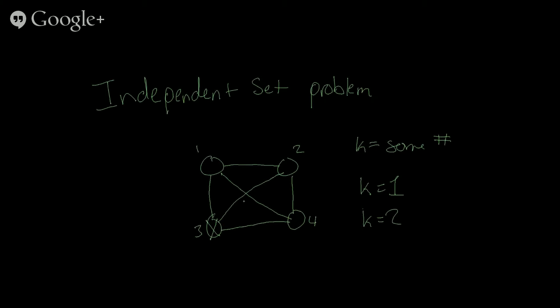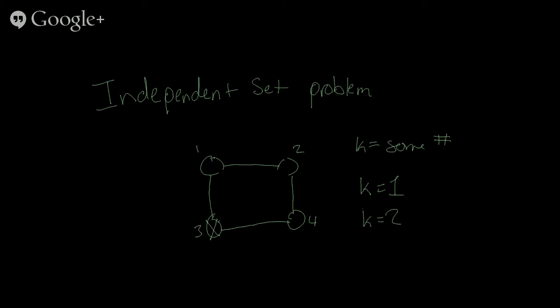However, if we had this same graph, but we took out these 2 edges in the middle, and let me redraw my circle here a little bit. Oh, I need my pencil.